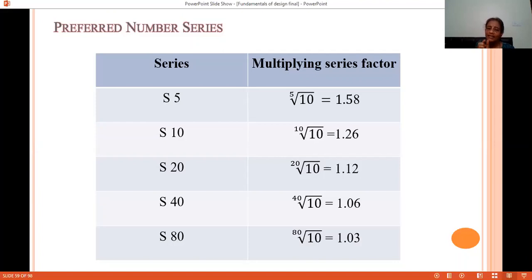So you can say that steps are very small, but the number of sizes available is large. So depending on our requirement, we need to select this preferred number series. It is applicable to shaft sizes, maybe bolt sizes, maybe other types of sizes. So that is what a preferred number series is.